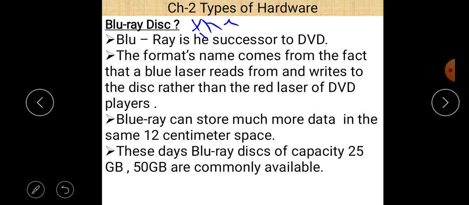So three main things are there. First of all, Blu-ray disc is also an optical disc. Second, Blu-ray disc is a successor to DVD. And Blu-ray discs are basically from 25 GB to 50 GB, which are most commonly used, and they can even store more data depending on the type of the Blu-ray disc.